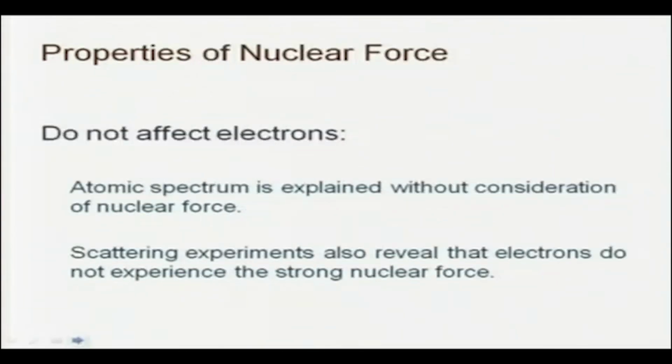And as I said a little ago, this nuclear force is not there between electrons. So, electrons are completely blind to this nuclear force. Again we know this from the atomic spectra, for example, because otherwise there are a lot of electrons in the atom and they could have interacted strongly, between each other or with the nucleus, but we do not see those.